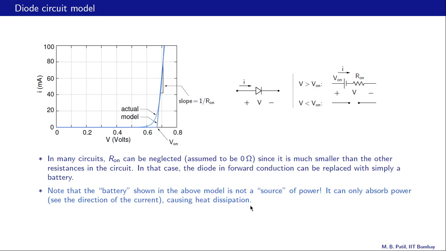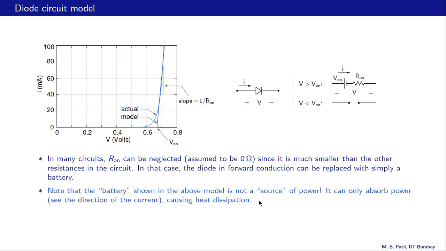Okay. Now one question that comes to mind is whether we should really worry about this V on, or just assume that it is 0 volts like we did in the last slide. Now that depends on the context. In electronic circuits, our supply voltages are of the order of 5 volts or 10 volts, and then this 0.7 volts may not be quite negligible compared to the supply voltage, and therefore we need to consider it.